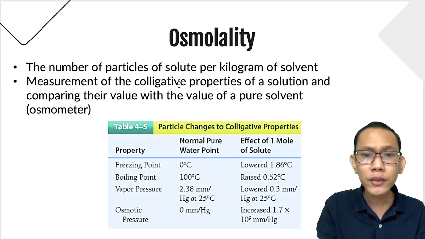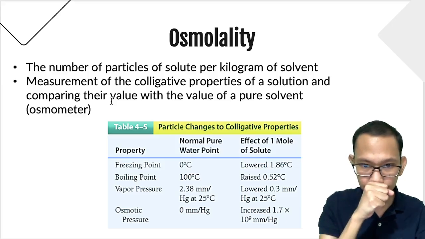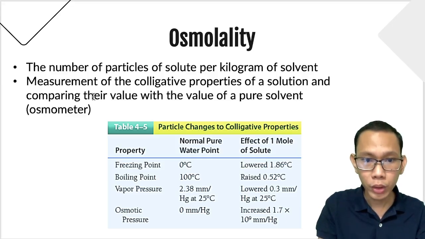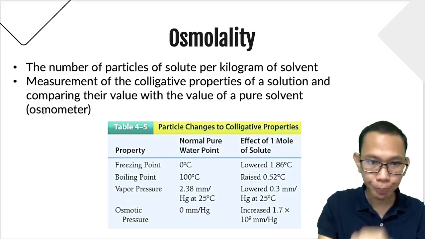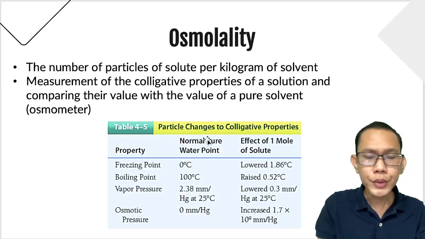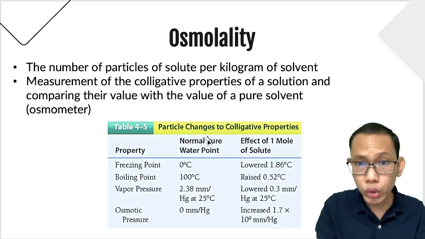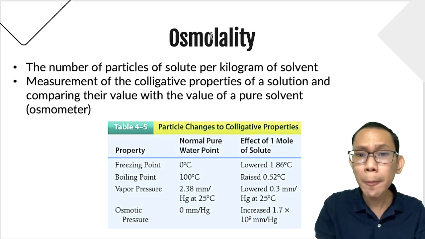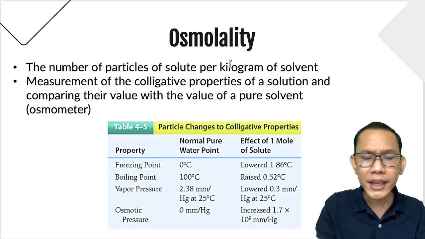So the measurement of your colligative properties of solution and comparing their value with the value of your pure solvent in your osmometer. So the osmolarity of a solution daw guys can be determined by measuring the property that is mathematically related to the number of the particles in a solution.